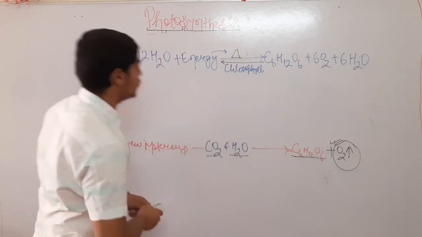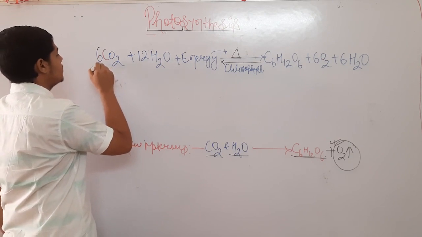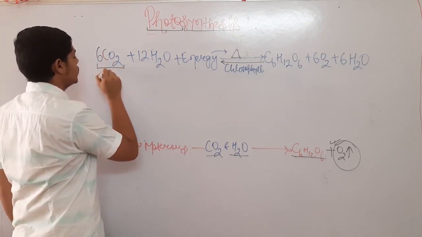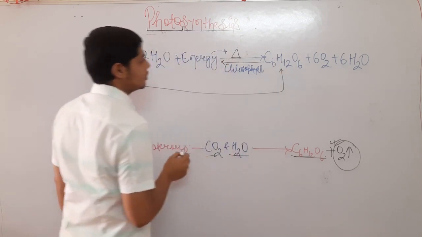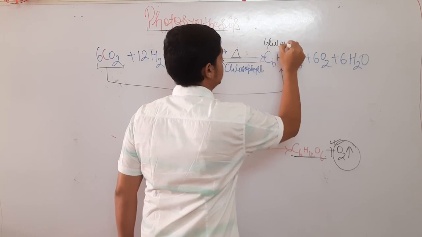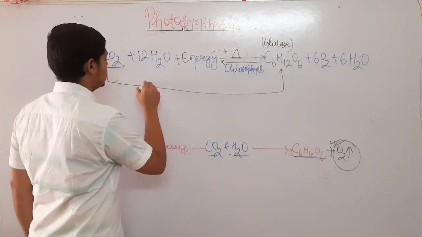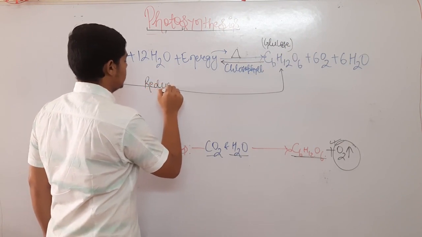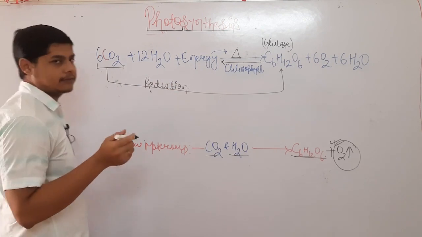So if you observe from this equation, we can say that this CO2 molecule is being reduced into this glucose. As we all know that this is a glucose molecule, reduction is taking place.